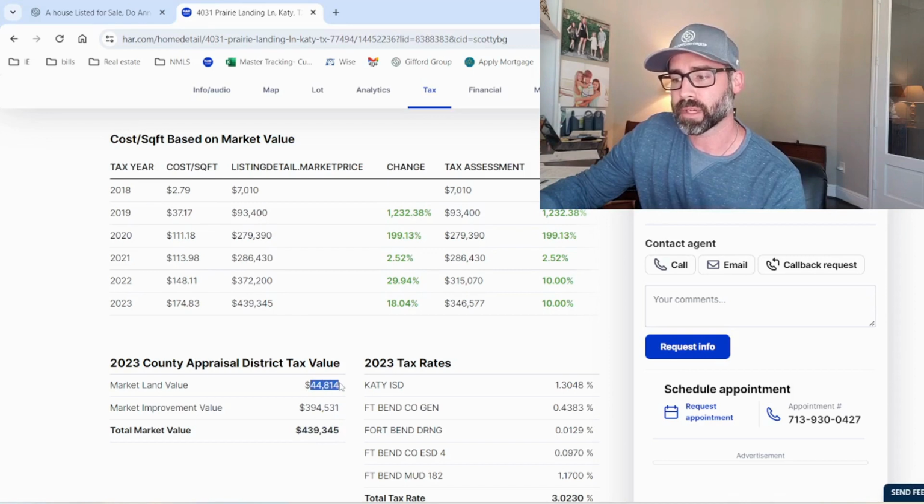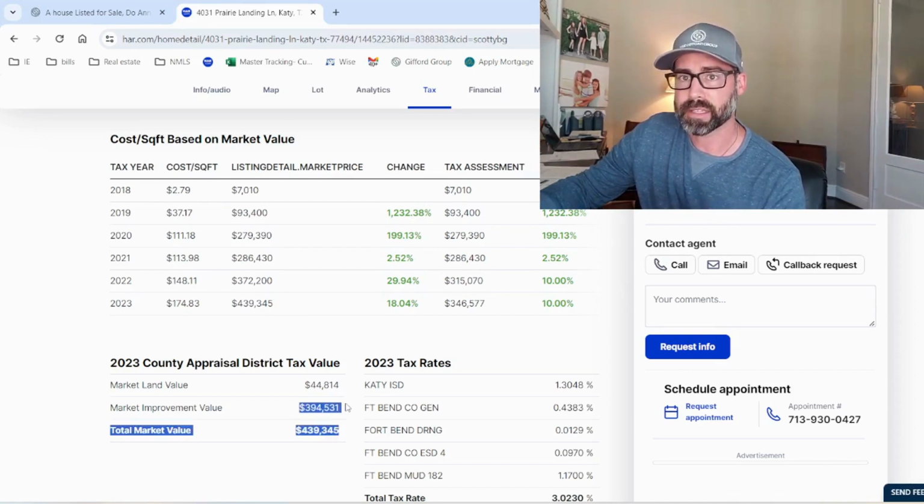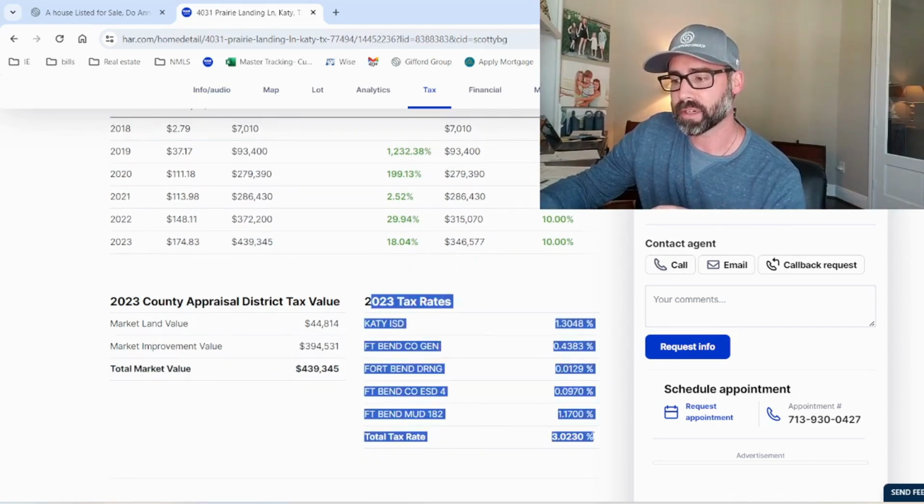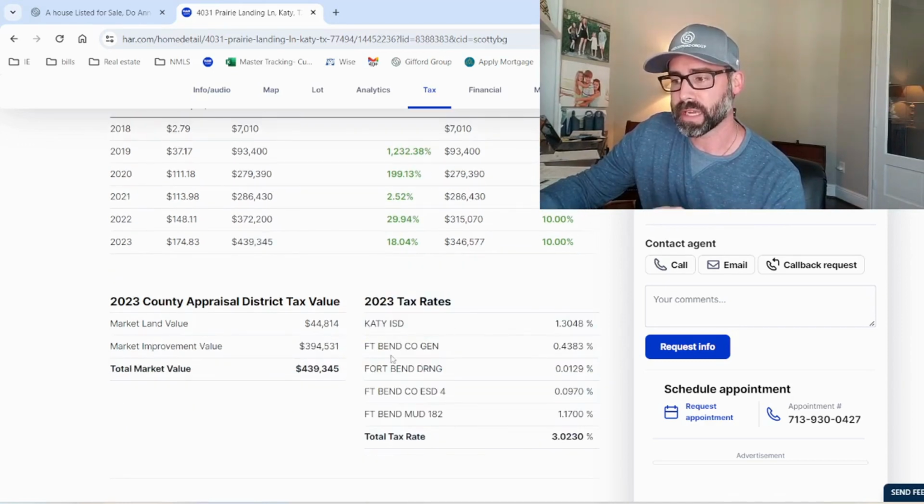You can see it broken down into land and the house itself, because here in Texas, the value is broken down into the lot and how much the home sitting on that lot is worth. Then it breaks down the taxes further. You can see the school taxes, the general Fort Bend County tax, emergency, and a MUD tax. MUD taxes are pretty common throughout Texas. We have a couple of articles and videos about MUD taxes if you want to check those out.